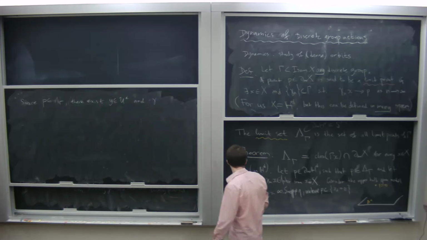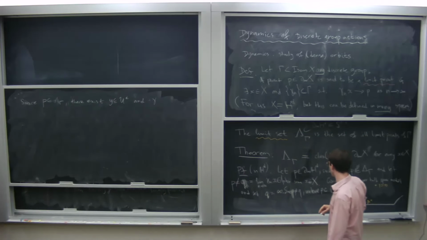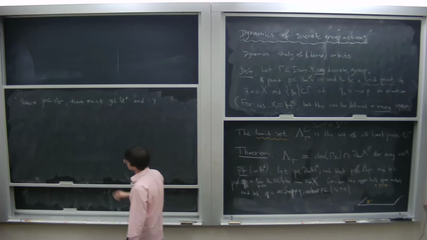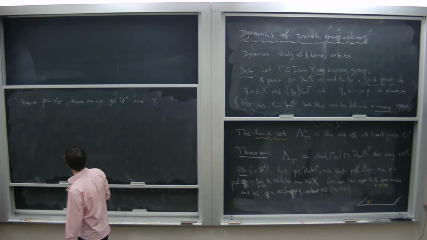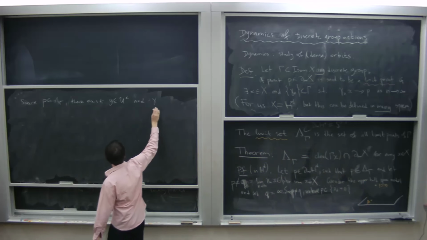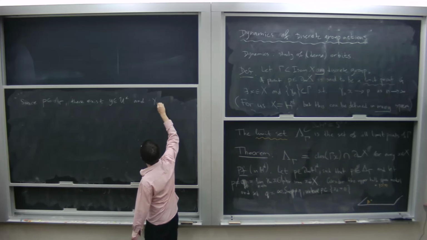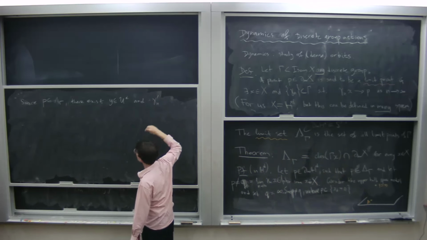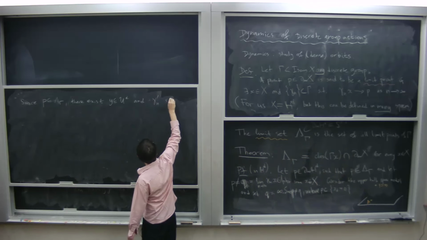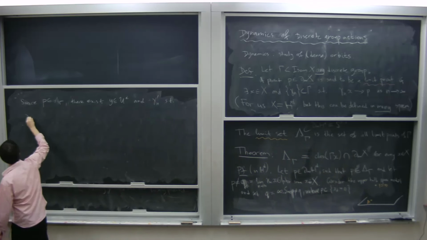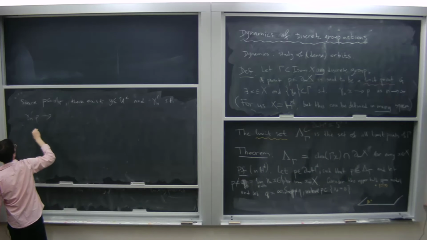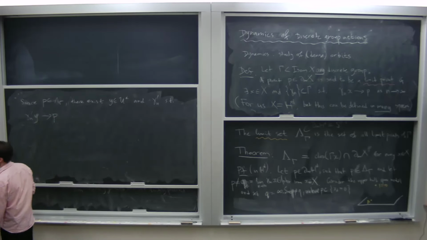By the way, this wasn't a good idea. So since P is the limit point, then there exists a sequence of gamma_n' such that gamma_n' Y converges to P, right?